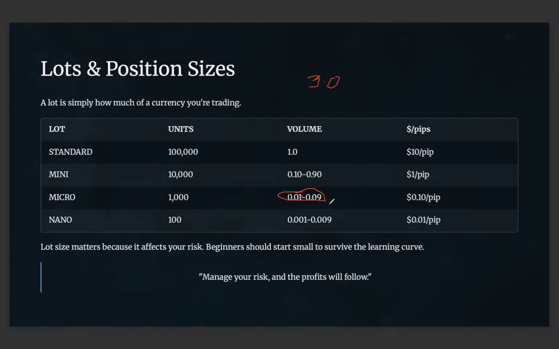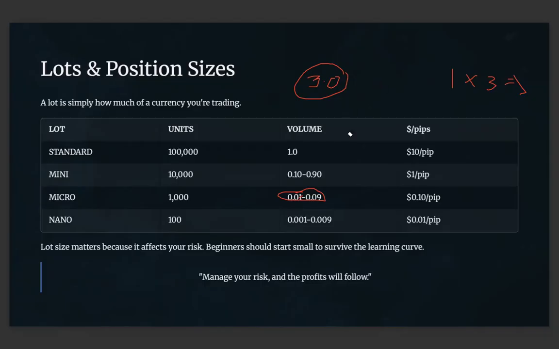So if you have a 0.01, it means $1 per 10 pips. A 0.09 means $9 per 10 pips. So if I tell you that the stop loss is 30 pips, it means that if you enter with a 0.01, it will be 0.01 times 3.0, or just use 1 times 3.